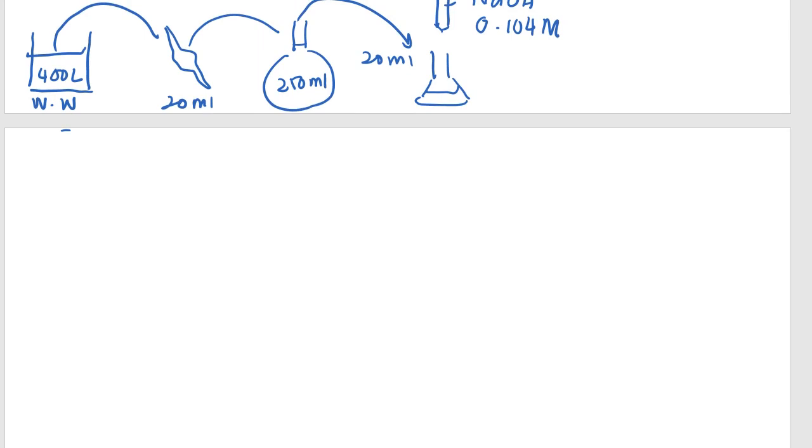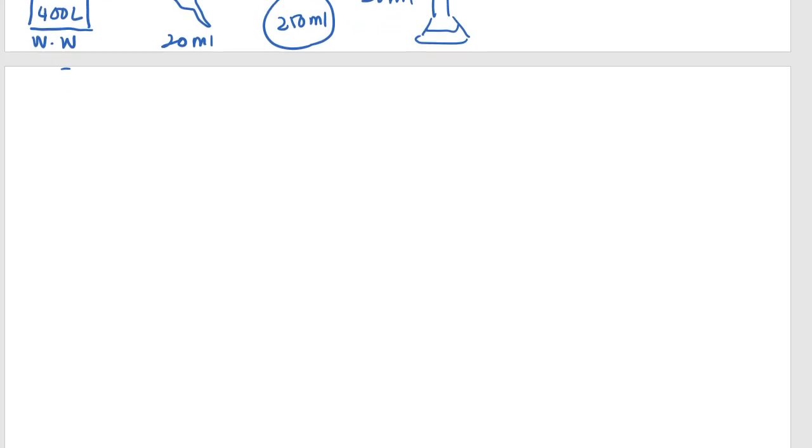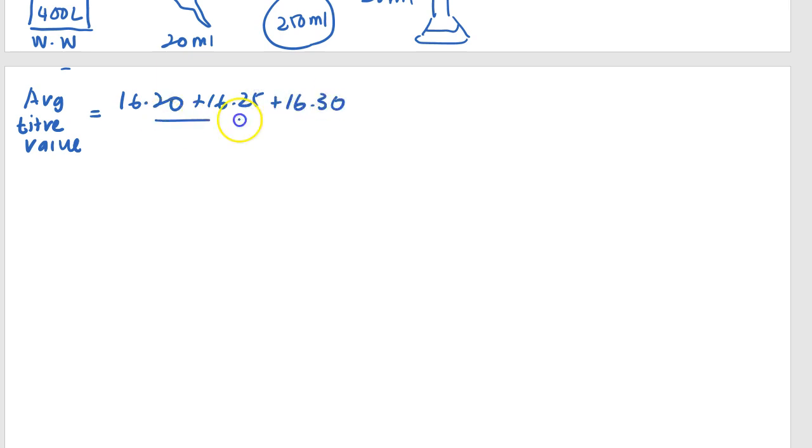First things first, you always start with the standardized solution because that's the only confirmed value that you have. So in order to find the number of moles of standardized sodium hydroxide solution, you first have to find the average titer value, which is the 3 closest readings that you took earlier. So you got a value of 16.25 ml. Next, find the number of moles.